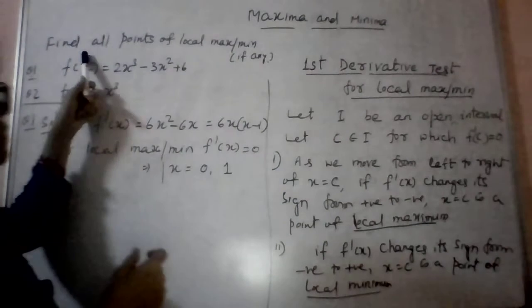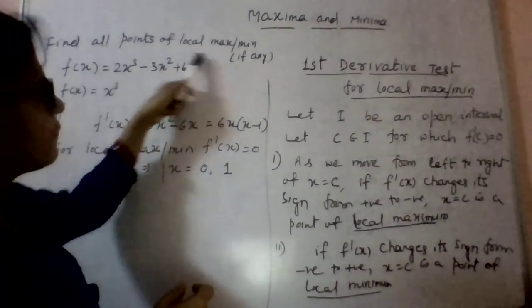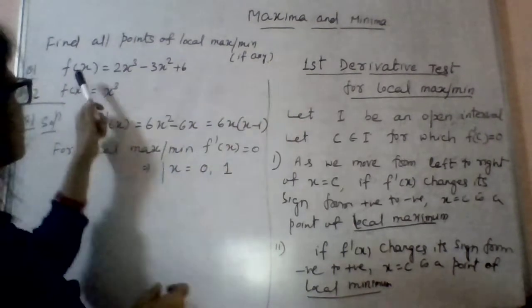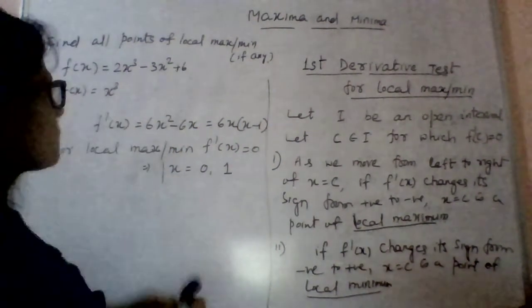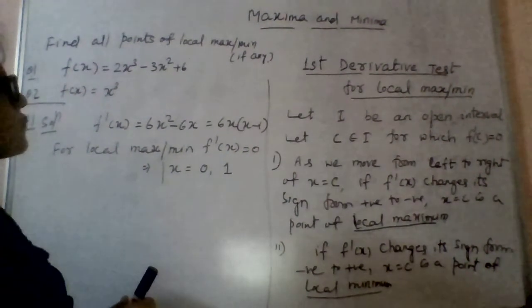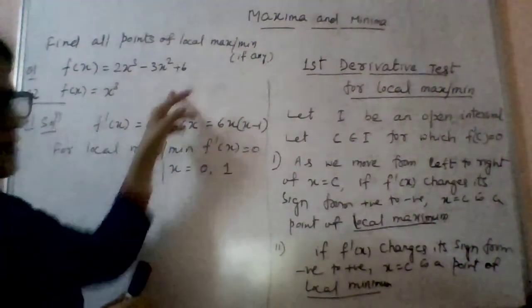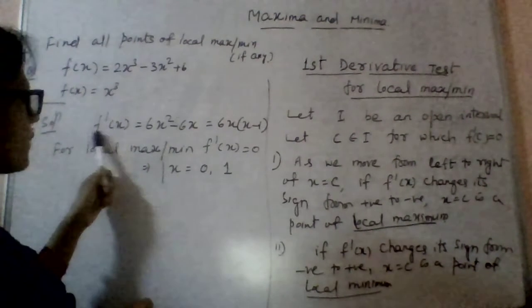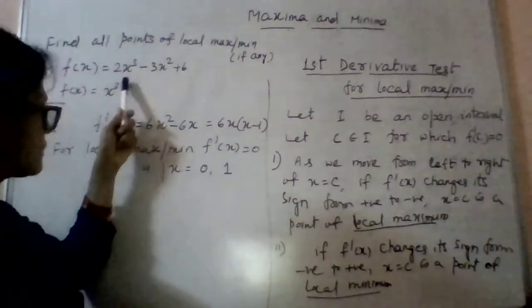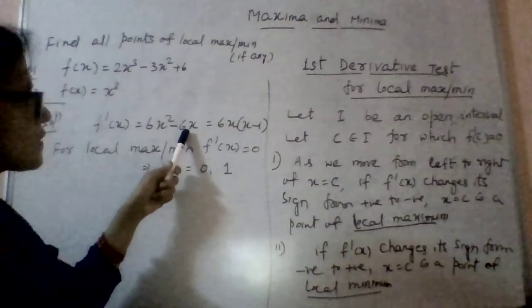First question is find all points of local maximum and minimum if any. f x equal to 2x cube minus 3x square plus 6. Okay, so step 1 is find f dash x. So f dash x is 6x square minus 6x.